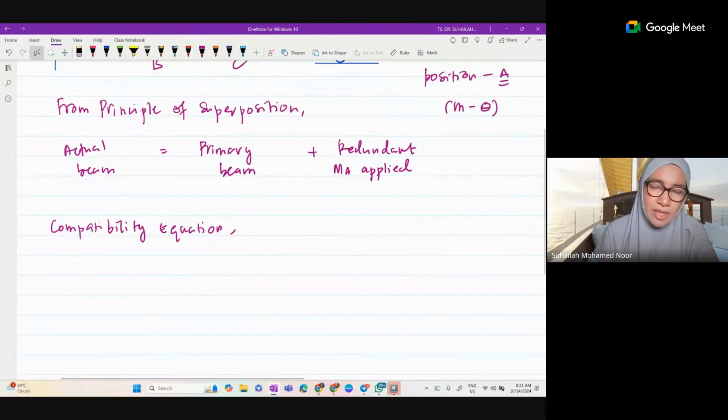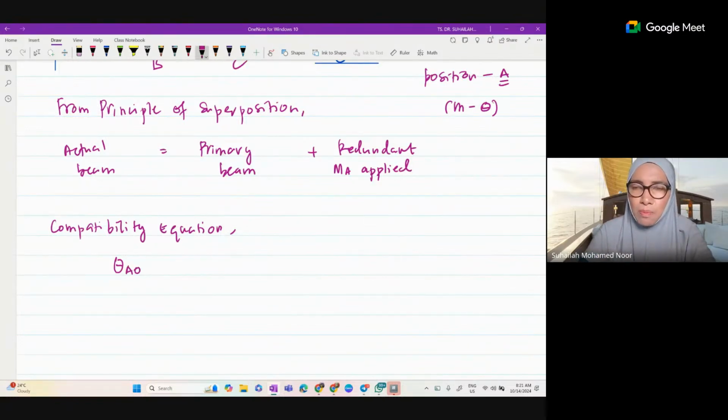So when we write the compatibility equation, we start with the primary beam. The displacement label in the primary beam is theta, position A, primary beam symbol naught.